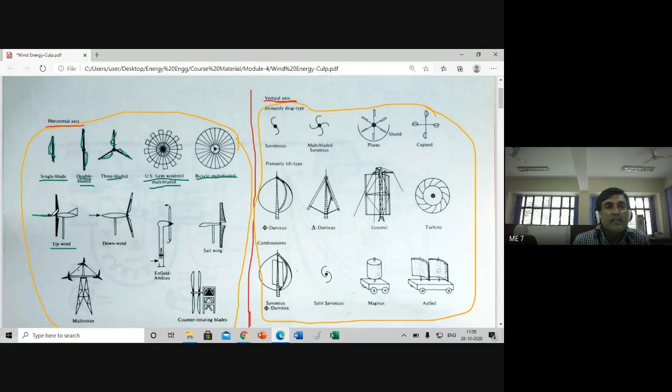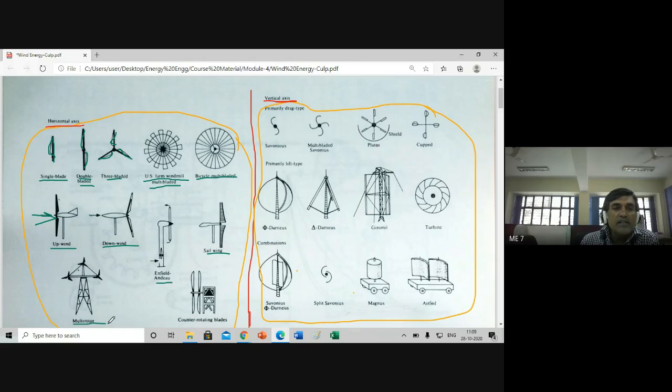Downwind. Downwind is this blade, they keep it in another direction. This is sail wing. Sail wing, while sailing in the ship's boat, they use this type.